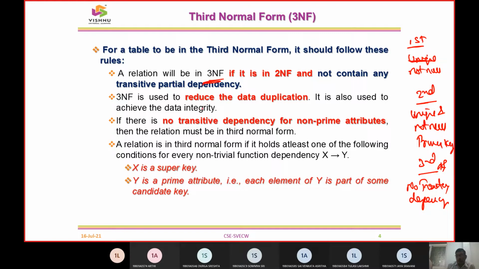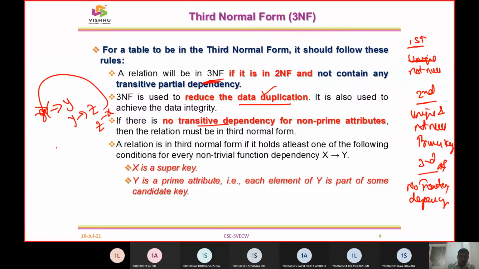Why we look for the third normal form is that in order to reduce data duplication, we include the third normal form. So basically, when there is no transitivity, it means that X is related to Y, and then Y is related to Z, and finally Z is related to X. In this way, we make a chain.